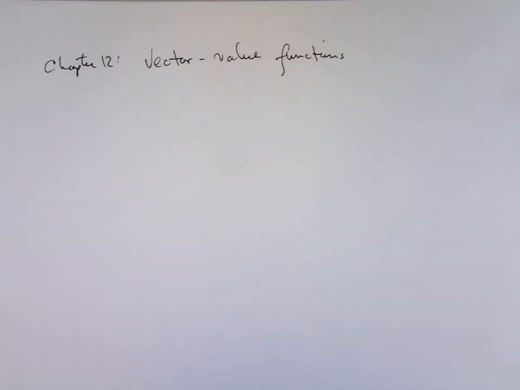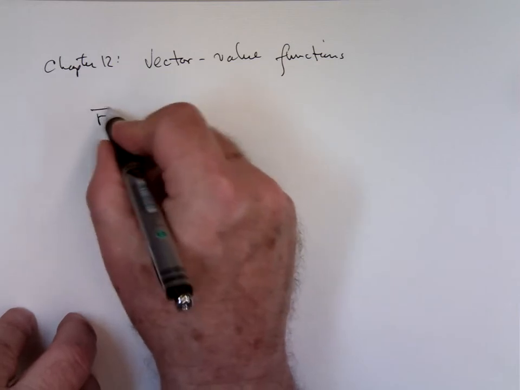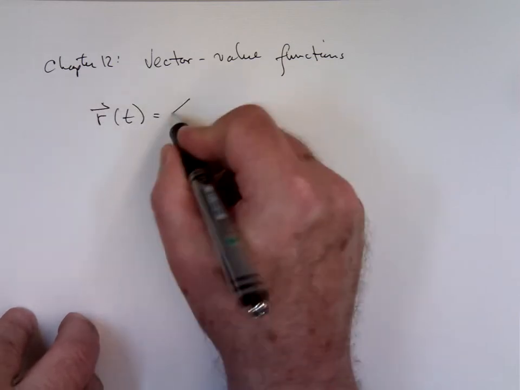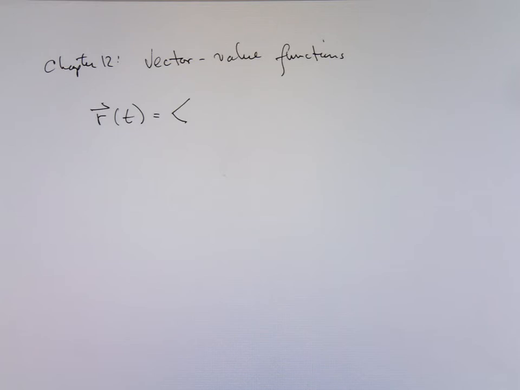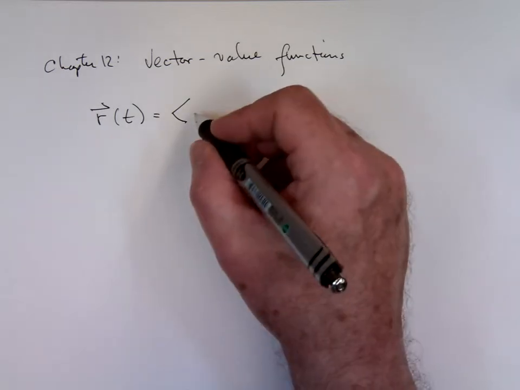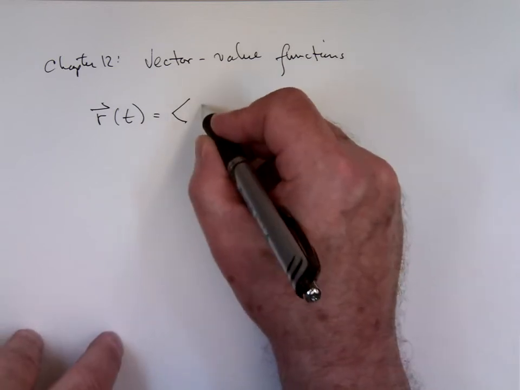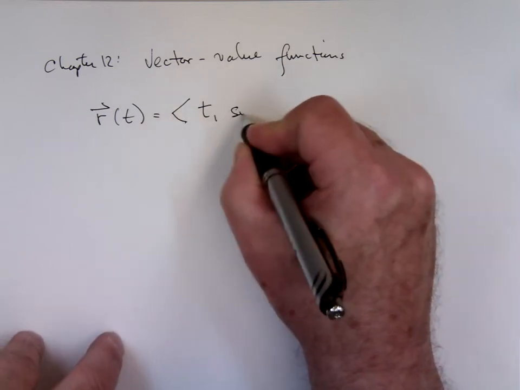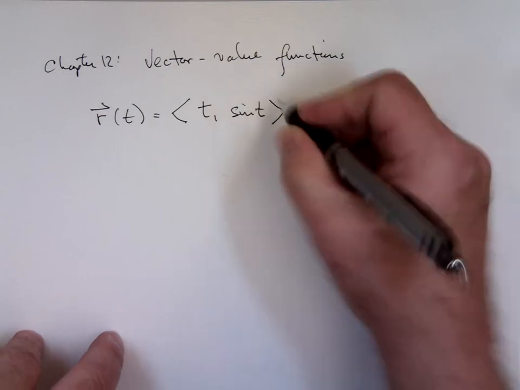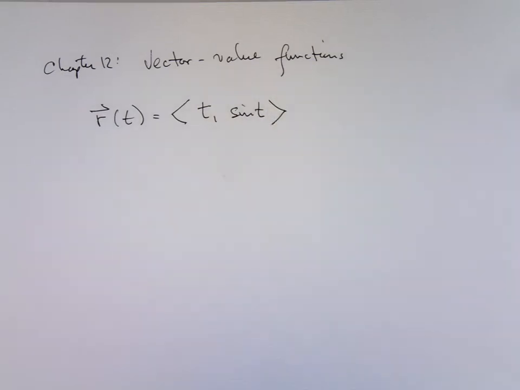Okay, vector valued function. Let me give you an example. A vector valued function is given in two space. Let's actually do one here. Let's do t, sine t. This would define a vector valued function in two space. What it is is an infinite set of vectors, okay?